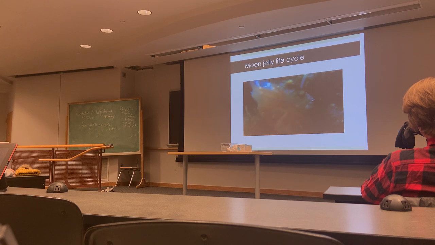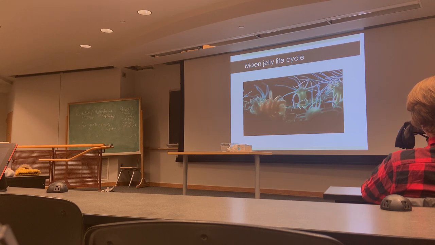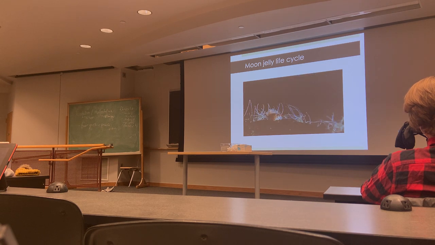Each plate in turn becomes a single animal called an ephyra. The ephyra can be considered the juvenile jellyfish stage, each of which breaks off from the polyp stem and swims away.